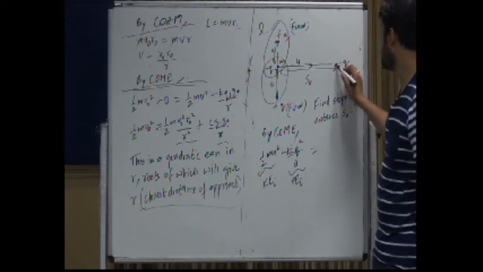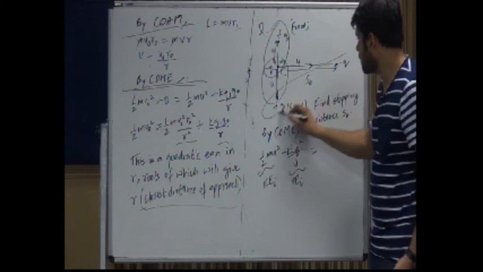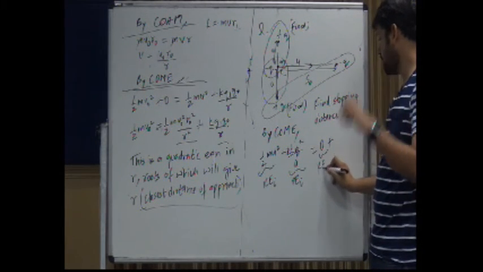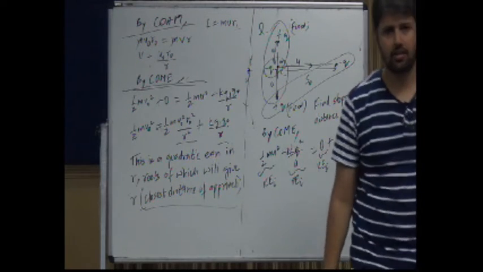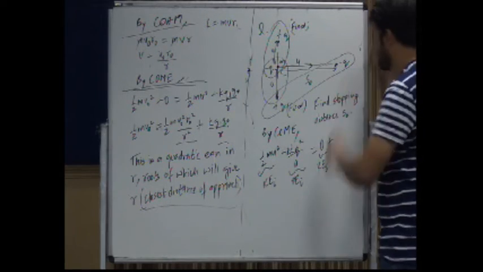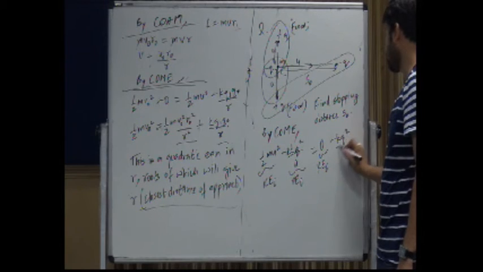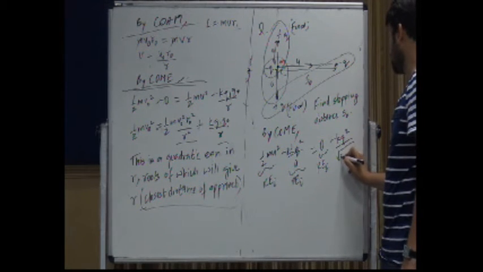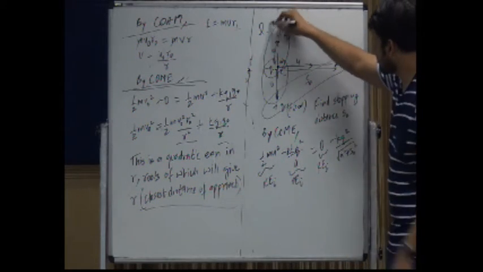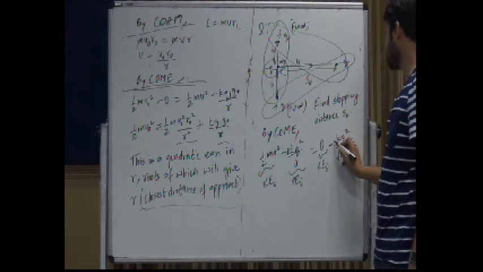Finally, when this charge momentarily stops at this point, KE final would be 0. It stops for a moment. At that point, the potential energy would be minus k q square by under root a square plus s naught square. Since there are two pairs like this, I would place minus 2.